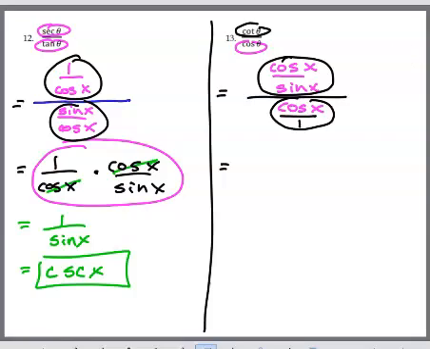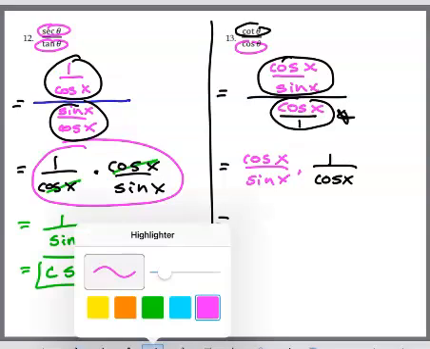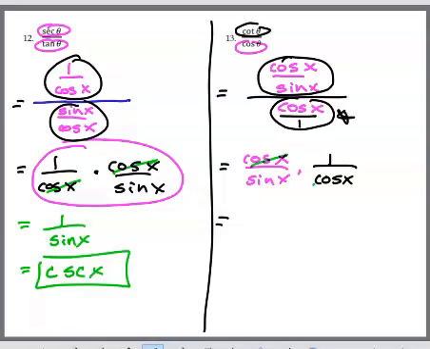Doesn't matter. There's more than one way you can do these things, which is what makes it sometimes a little harder. Sometimes more options make it more difficult. But then if I multiply it by the reciprocal of this one, the reciprocal, instead of cos over 1, 1 over cos, and cos over cos.